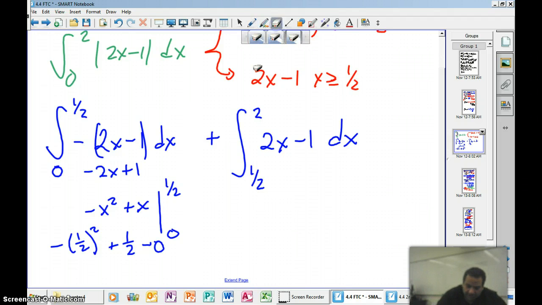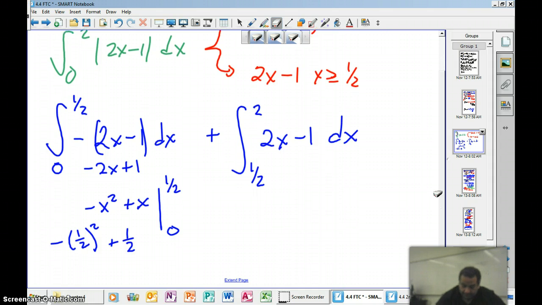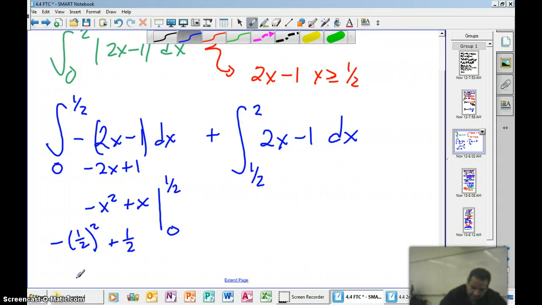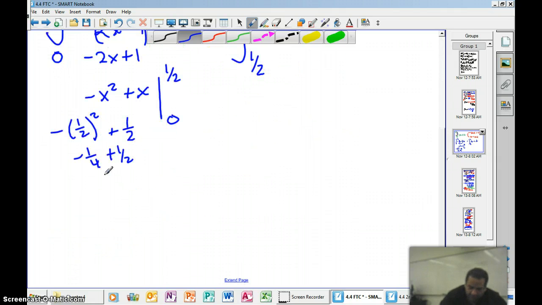So I really don't even show that. If it comes out 0, I don't show it usually. So we get negative 1/4 plus 1/2, and I'm going to get 1/4 here. So that integral is 1/4.